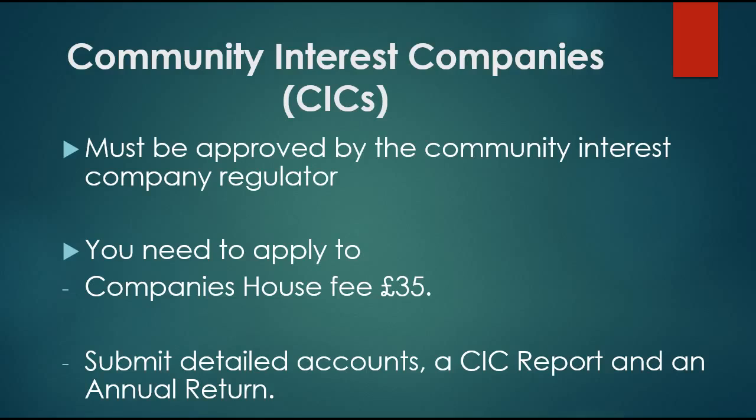You must submit annually detailed accounts, a CIC report, a community interest report, and an annual return that says the shareholders that are still operational or not, or if you're bringing in new shareholders into the business. There's a limit on the amount of money you can pay shareholders, and the assets must be locked in such a way that it's only going to be useful or usable for the community purpose.